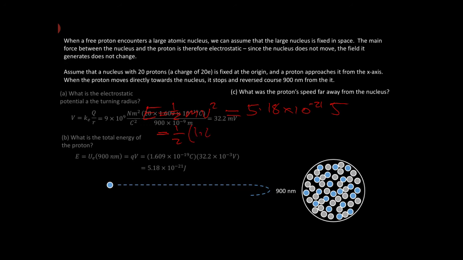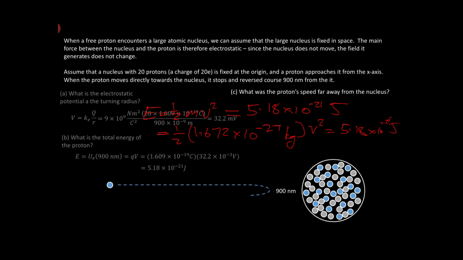It's 1.672 times 10 to the minus 27 kilograms. And then we still have a v squared that's equal to 5.18 times 10 to the minus 21 joules. It's running away from me. Literally, the tablet is running away from me right now.